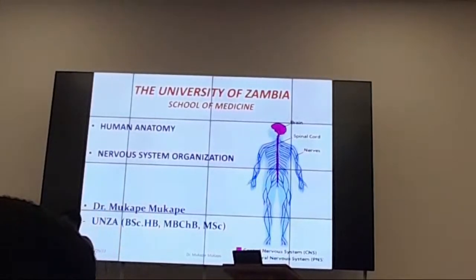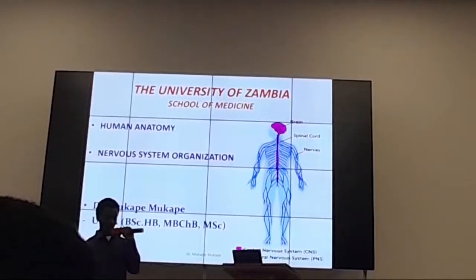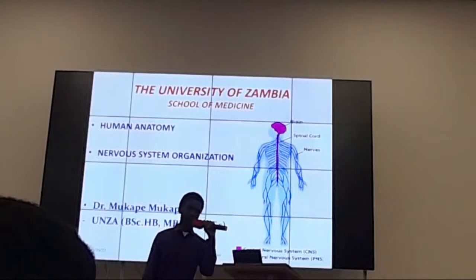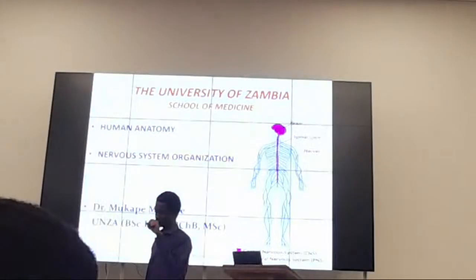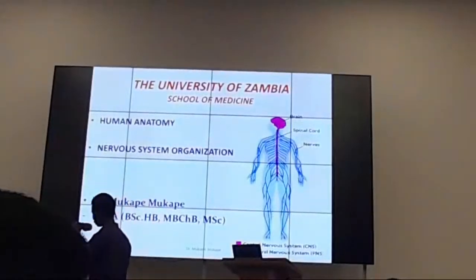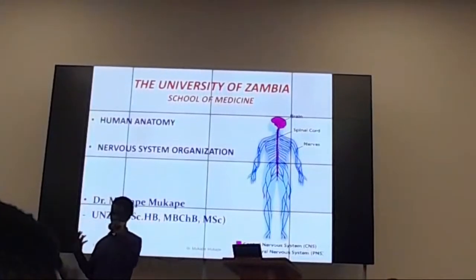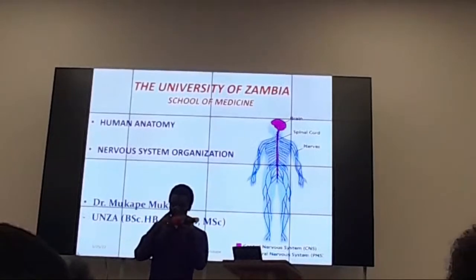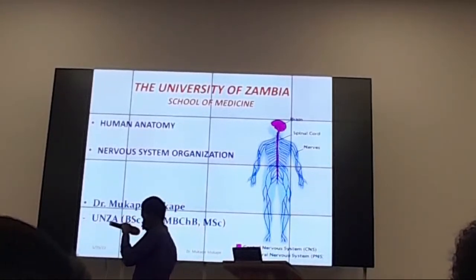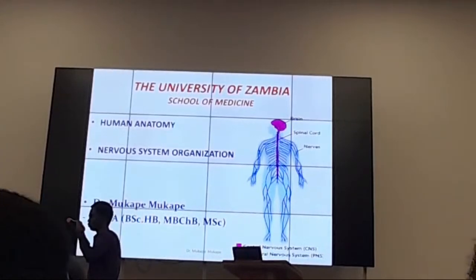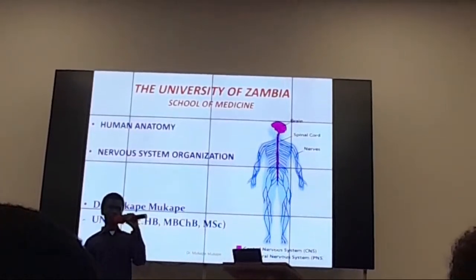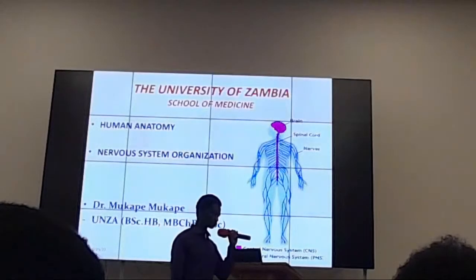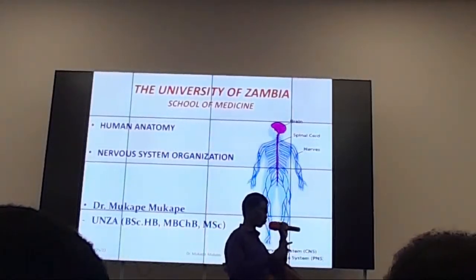Somatic is from the word soma, which means what? Body. To do with the body. So somatic, and in this case, it means this motor division goes to control which structures? Skeletal muscles.